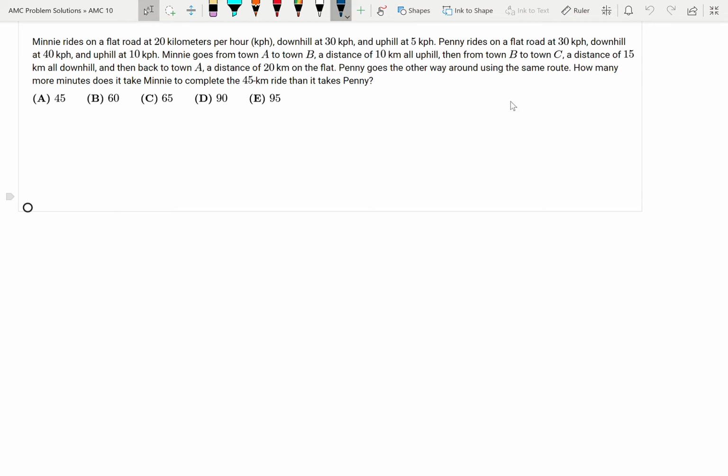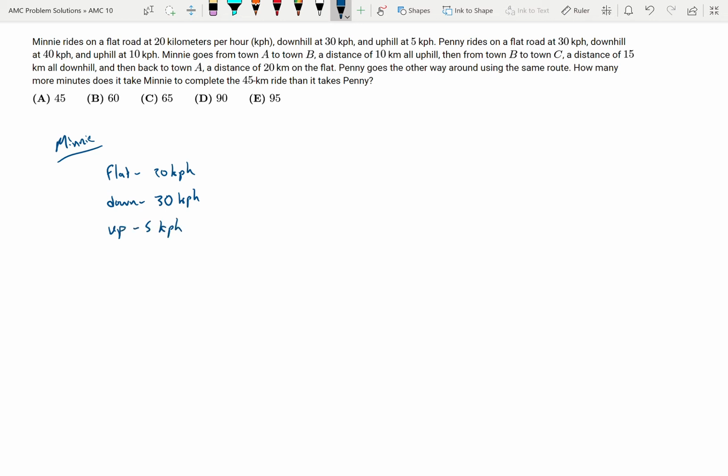So first, I'm going to start off with Minnie. What I know is on the flat, she goes 20 kilometers per hour. On the downhill, she goes 30 kilometers per hour, and uphill, she's going 5 kilometers per hour.